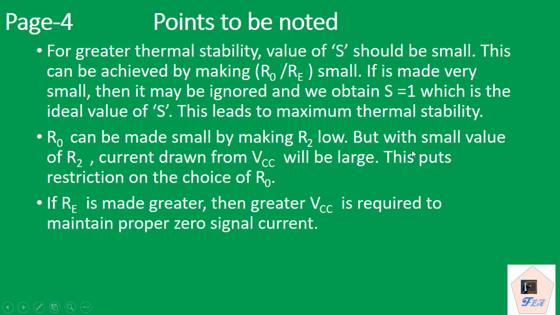Similarly, we can make RE greater, but then we need a higher value of VCC to maintain the proper zero signal current. So these are the constraints of making R naught by RE very small.